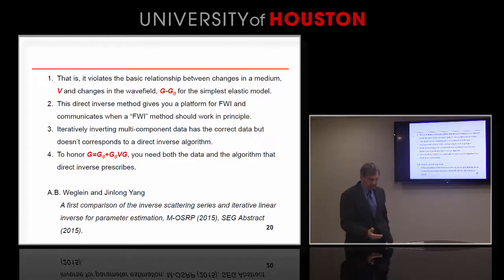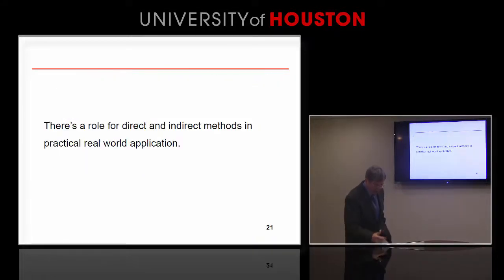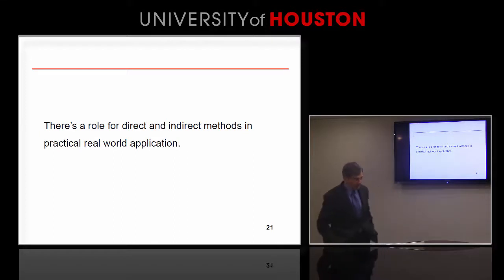We understand when you have a towed streamer, you do not have multi-component data. It doesn't mean that this formalism has no value. It still gives you a framework. There's a role for direct and indirect. The role for indirect is where the reality is beyond what you've written for the physics. And there are always parts of the world that are outside your equations.